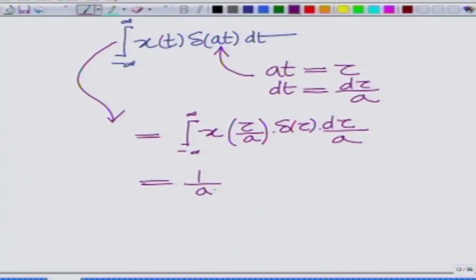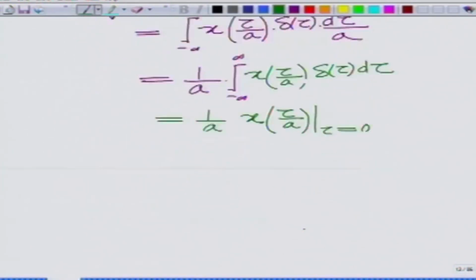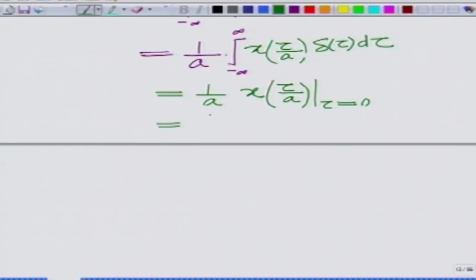If you look at this, this is 1 over A integral x of tau over A delta tau d tau, which is 1 over A x of tau over A now evaluated at tau equal to 0, which is equal to 1 over A x of 0.